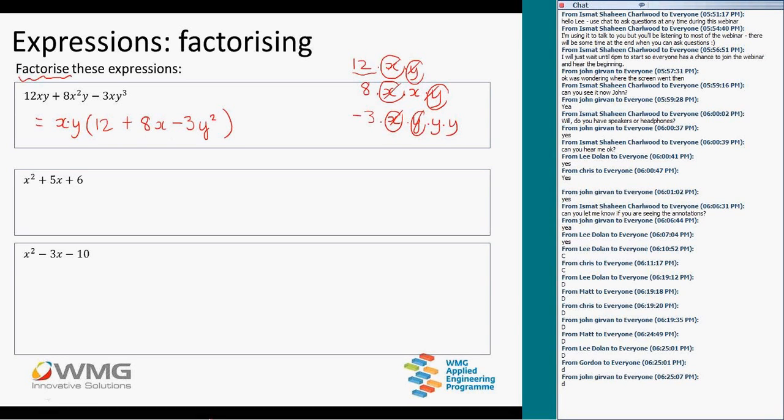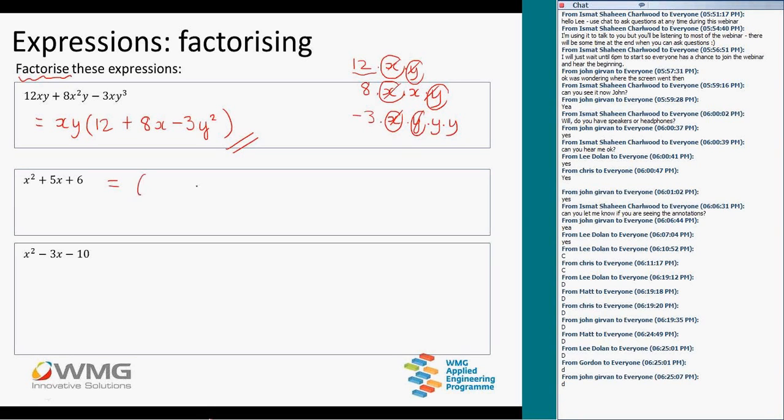Slightly different. When you're factorizing a quadratic like this, we have a quadratic term, an x squared, quadratic meaning power x to the power 2, and we have an x term and a number term. We know that it factorizes into 2 brackets. We know how to multiply 2 brackets, we just did that.